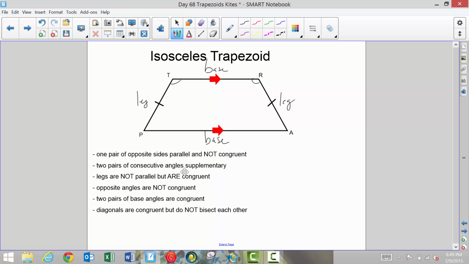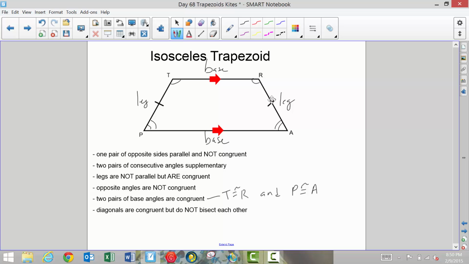You have also two pairs of base angles congruent. So two pairs of base angles congruent would be T is equal to R and P is equal to A. So base angle P and base angle A are also congruent. This is only for the isosceles trapezoid.